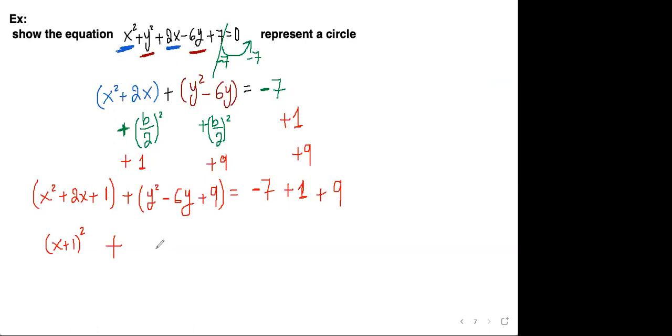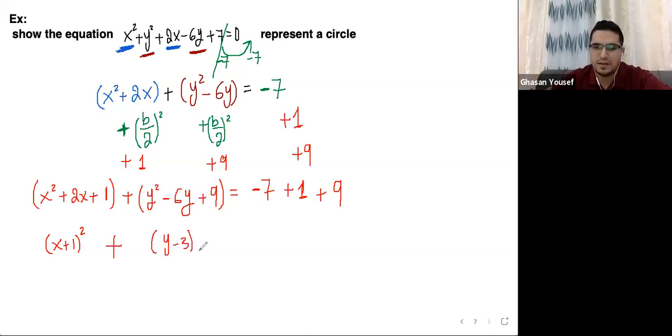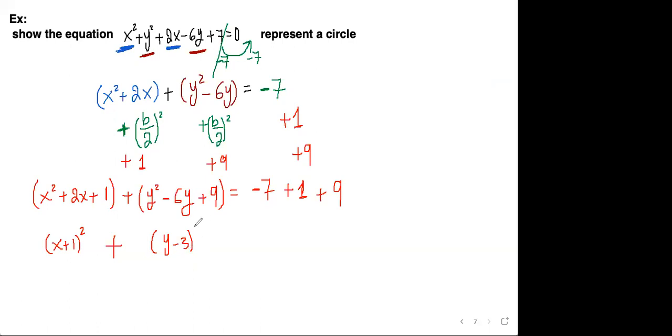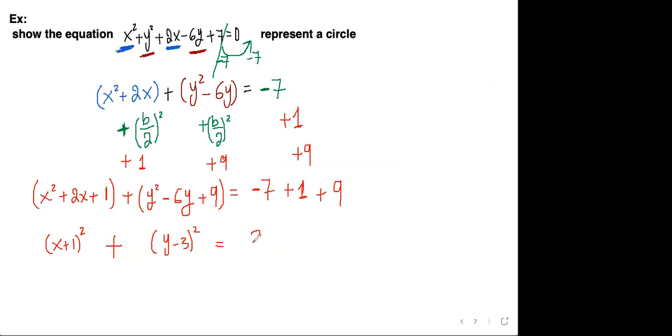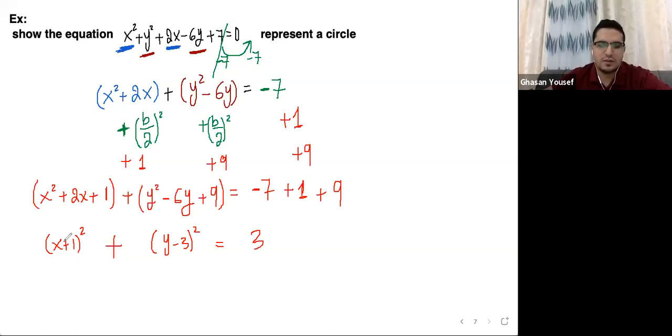Y minus 3 times y minus 3, or I can say y minus 3 squared. Now, what's the simplification for this side? Minus 7 plus 1 plus 9 is 3. Actually, it looks like a circle equation. X plus 1 squared plus y minus 3 squared equals 3.